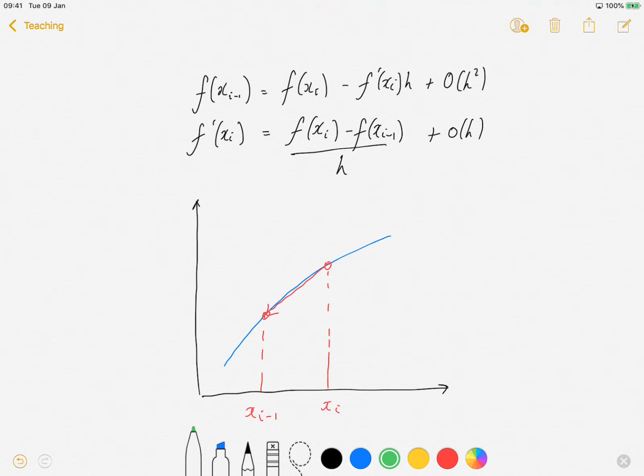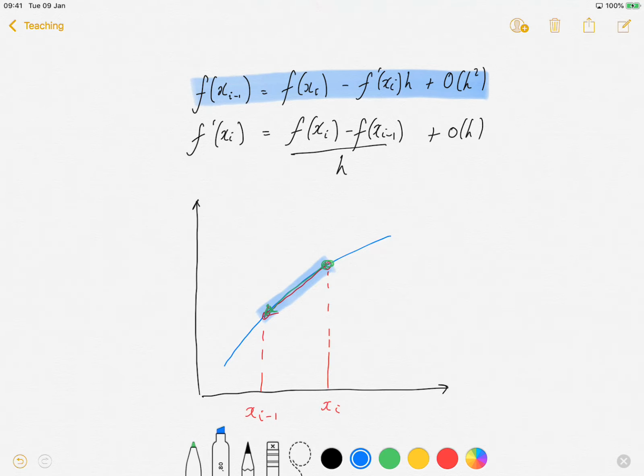So if we want to find the derivative at xi, we look at the preceding point, so we shoot backwards. And this can also be written that f of xi minus 1, so here we're using the Taylor series, is equal to the function value at xi minus the derivative at xi multiplied by h. And you can see that here, so we're shooting backwards.